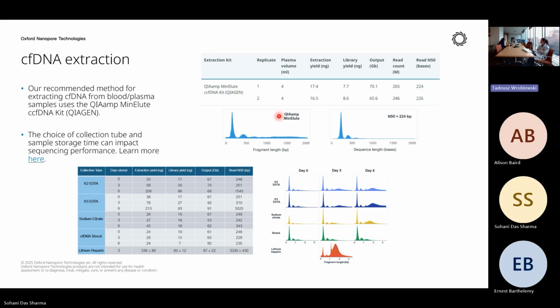What if the NanoDrop looks perfect, with the proper peak, but the TapeStation doesn't look good?